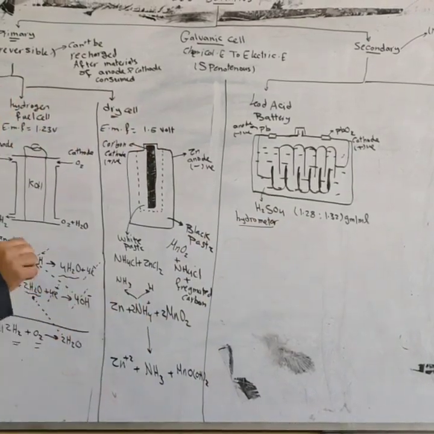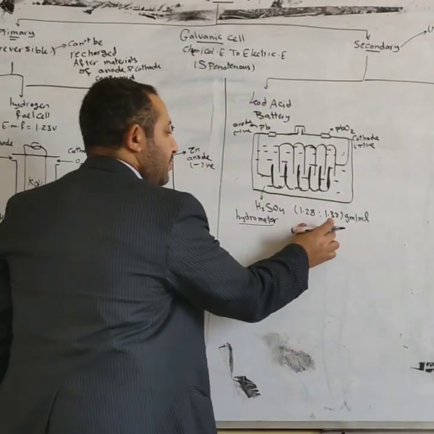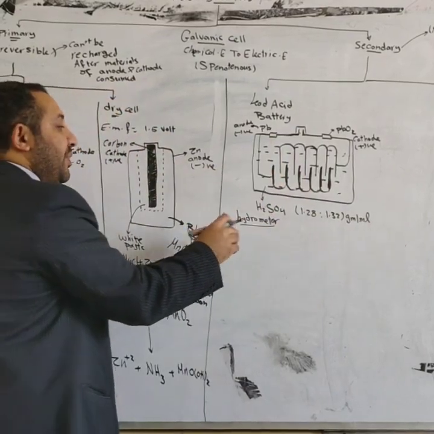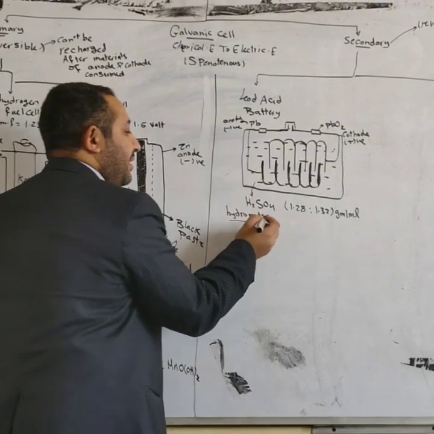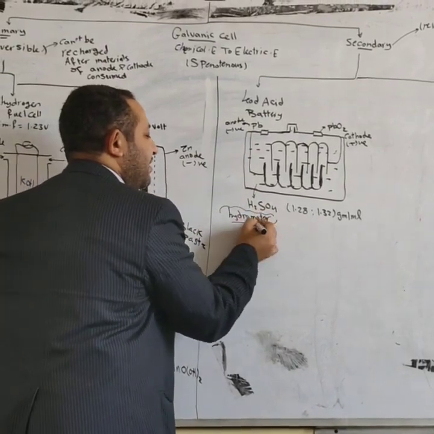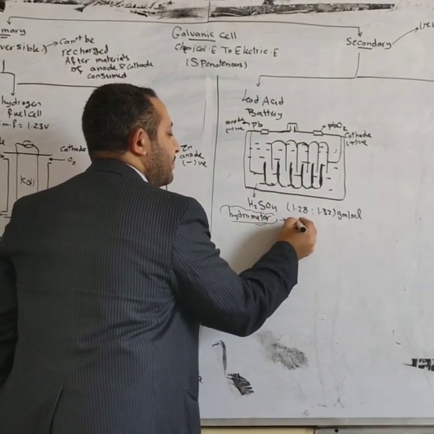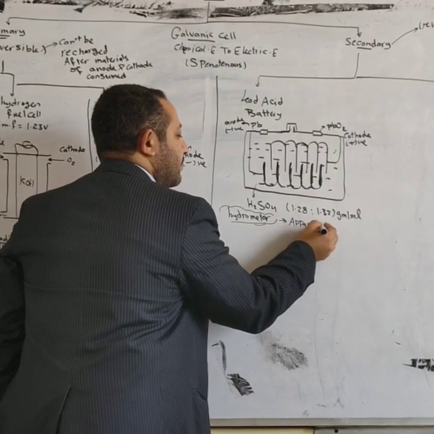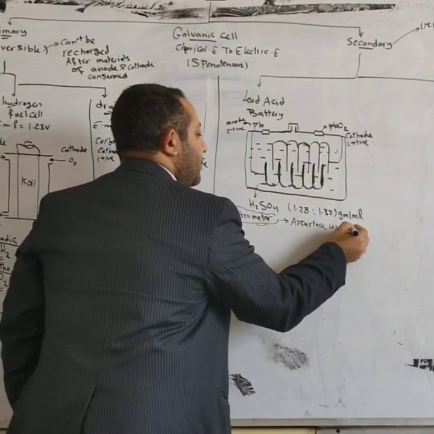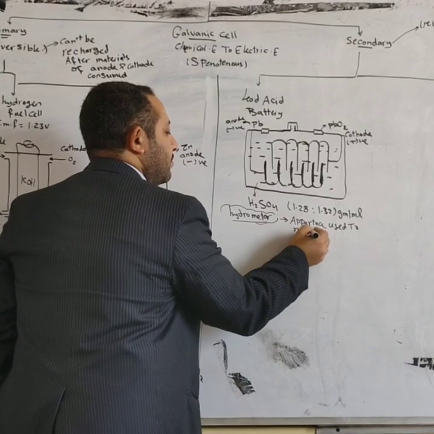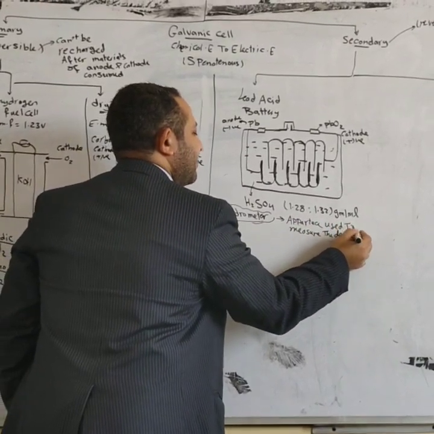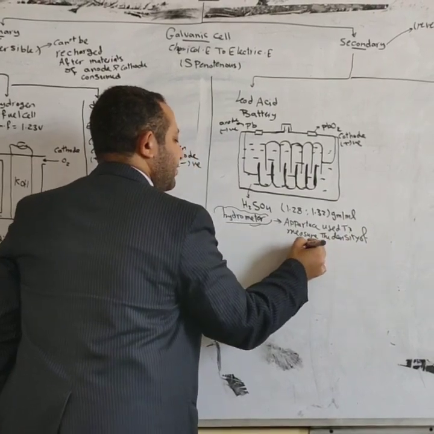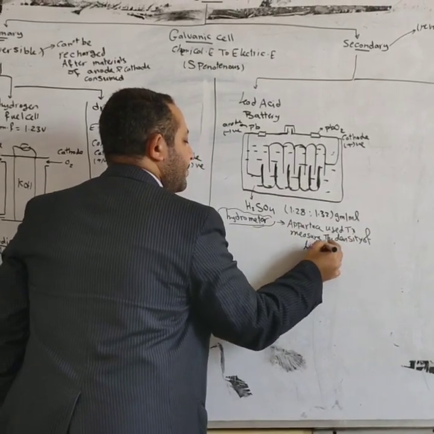If the density of the liquid changes from this range, the reaction stops. The hydrometer is a device or apparatus used to measure the density of liquid inside the battery.